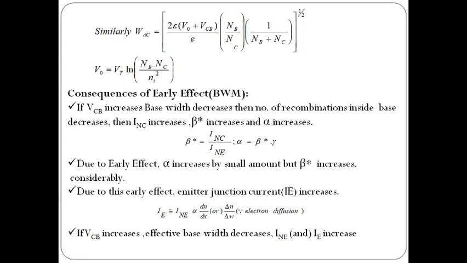So it is directly proportional to dN by dx, where dN is the change in electron concentration with respect to x. We can write it as delta n by delta W, where W is the width. So as the effective base width W decreases, INE increases. Clear? These are the main consequences of the early effect or base width modulation.